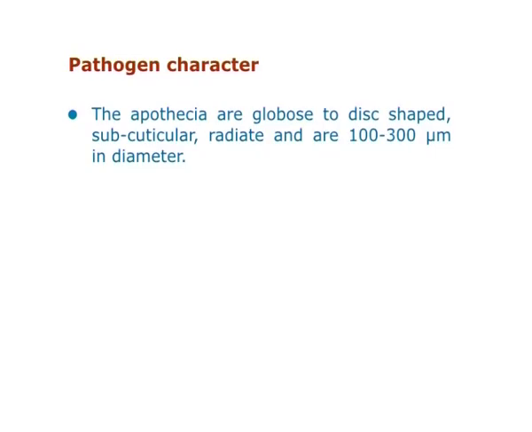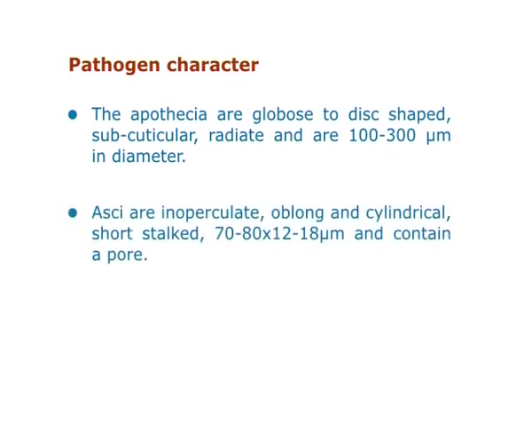The apothecia are globose to disc shaped, subcuticular, radiate, and are 100 to 300 micrometer in diameter. Asci are inoperculate, oblong, and cylindrical, short stalked, 70 to 80 by 12 to 18 micrometer, and contain a pore.